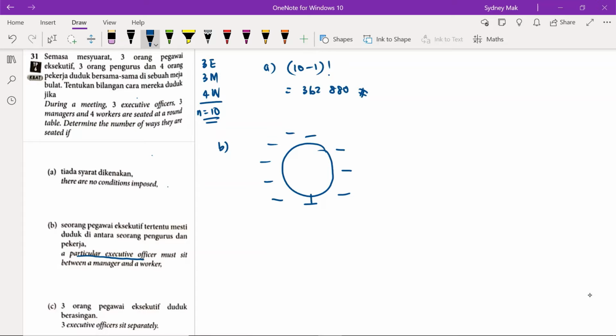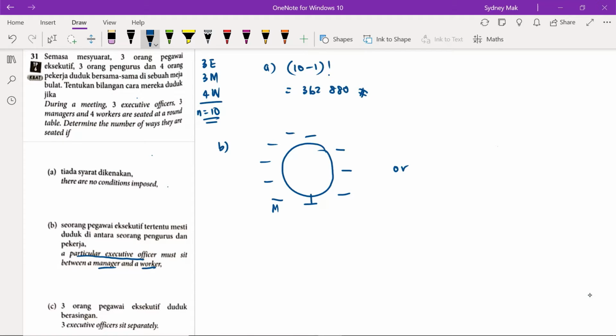And now we have the remaining 9 people, whereby a manager and a worker must sit on both sides of the executive officer. So over here, we may have managers sitting on the left or managers sitting on the right. So we have 2 conditions.